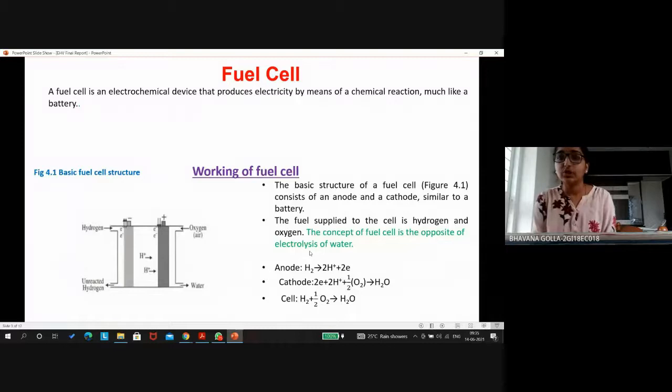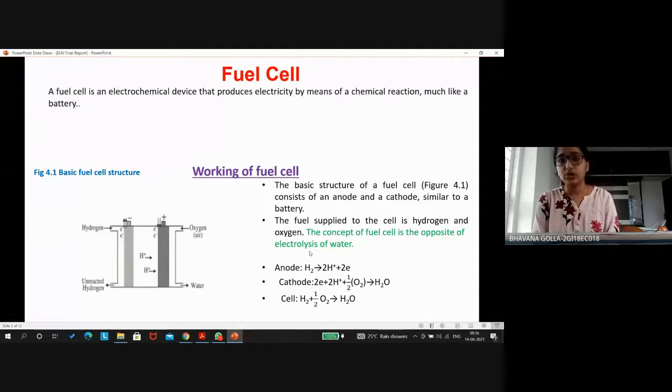The reactions are as shown. At the anode, hydrogen breaks up into two H plus and two electrons. At the cathode, as soon as these hydrogen ions and electrons flow onto the cathode, we supply oxygen. There are two types of reaction taking place at the cathode.